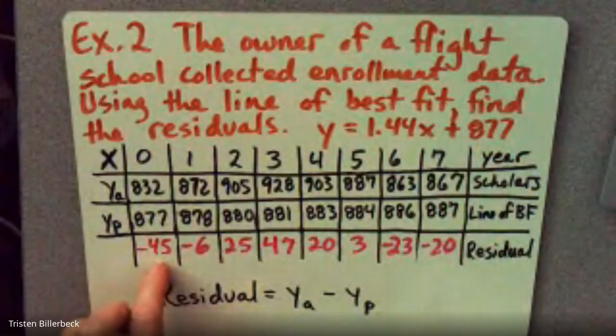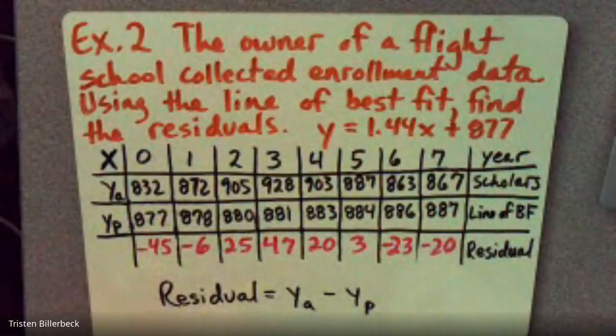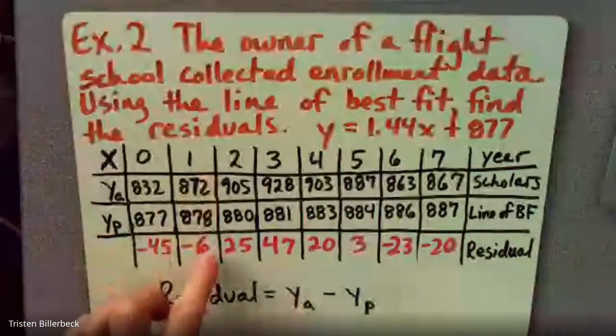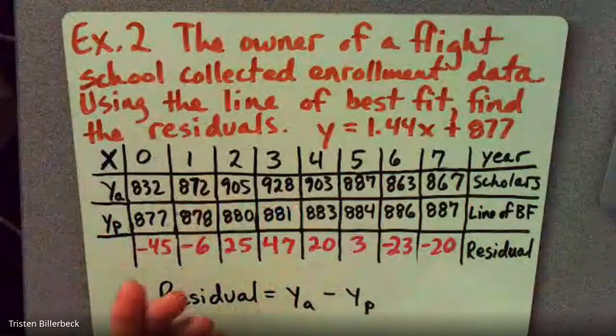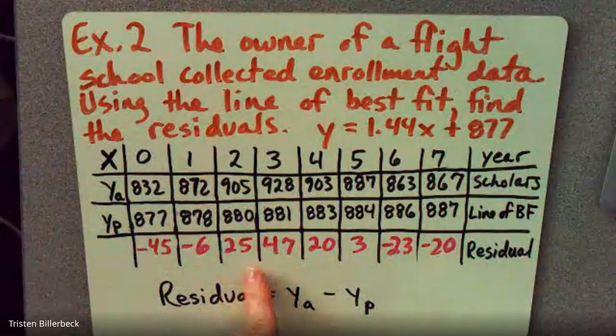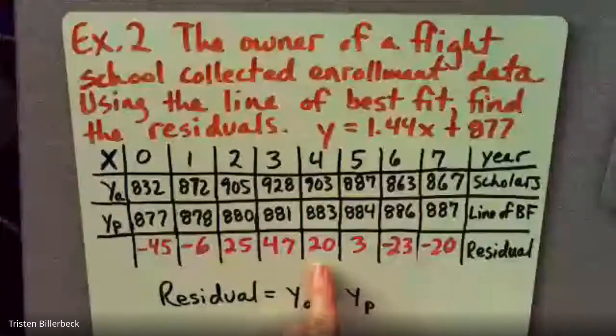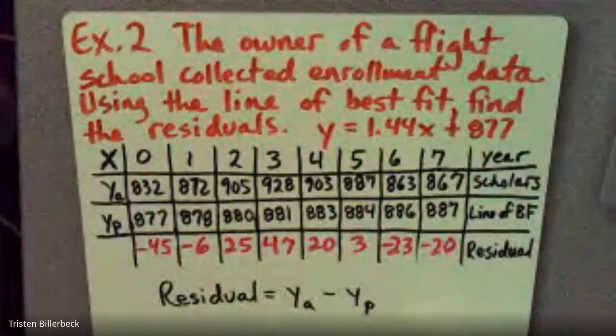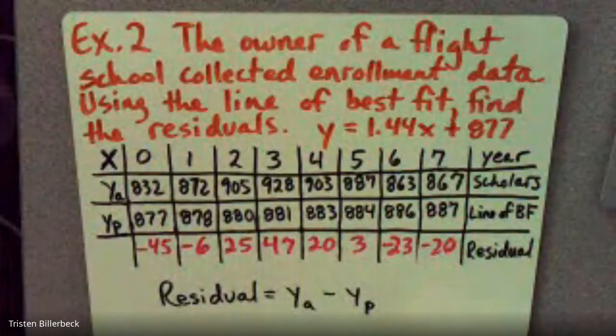The actual value is below the line of best fit. We continue to subtract all of the predicted values from the actual. Sometimes we would have positive residuals, and sometimes negative residuals. Let's take a look at what we actually get when we put this into a Desmos residual plot.